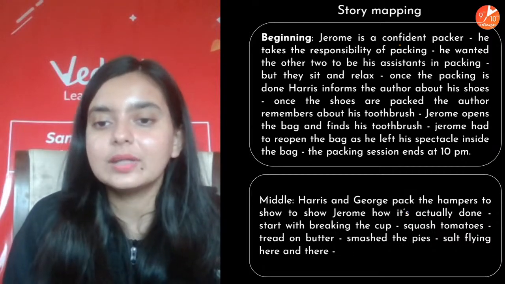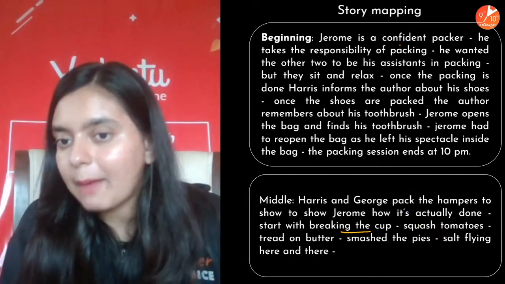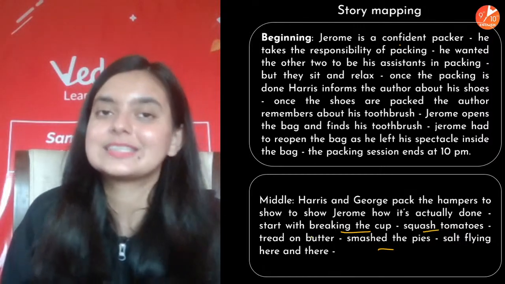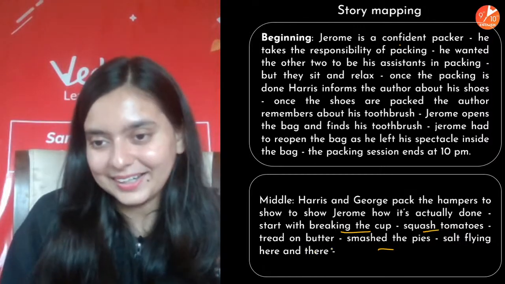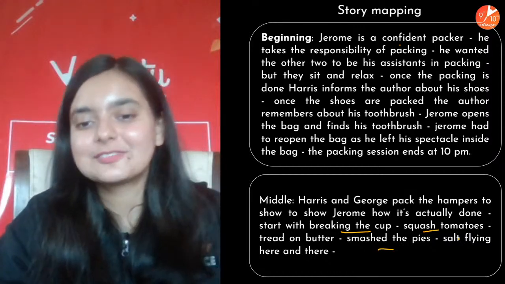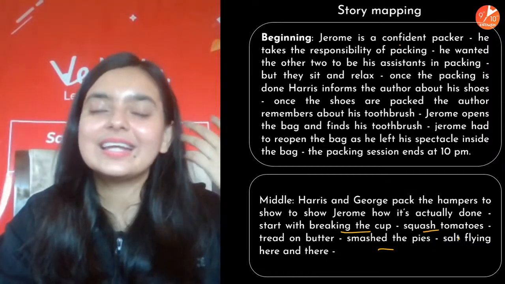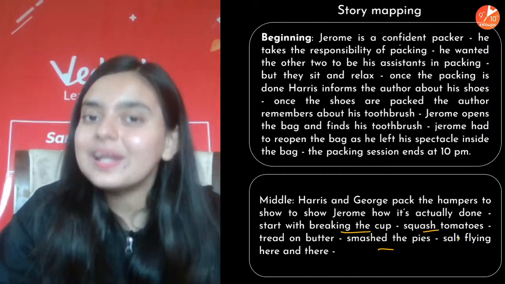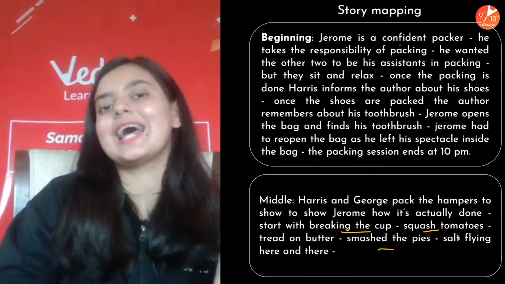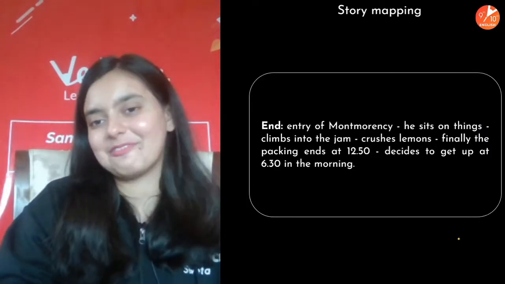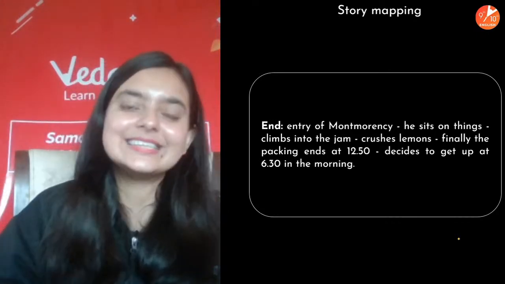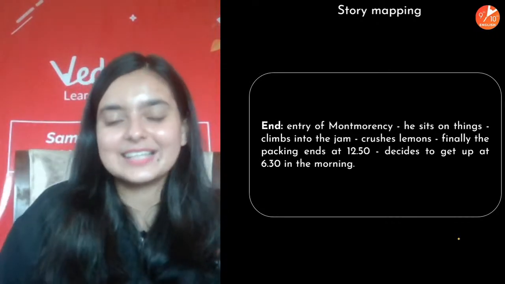For example, they broke a cup, smashed the pies, squashed the tomatoes, trod on butter, and the salt was flying here and there. You can visualize the situation, and once you do, you cannot stop laughing, right?